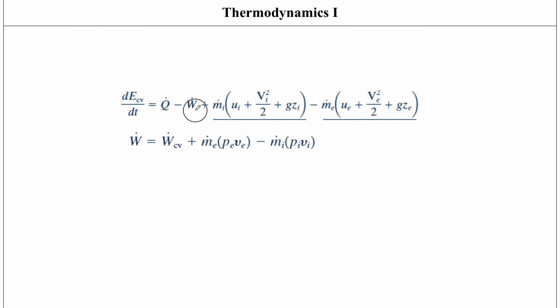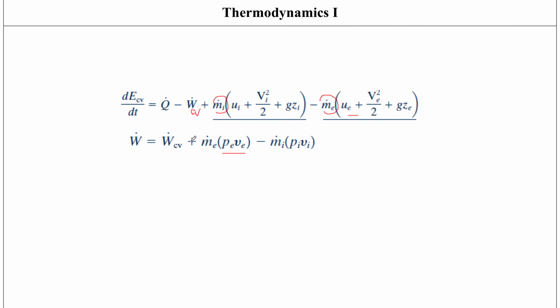This is going to be replaced by work done across the control volume, and because this is something I can take a common factor off with this, I can put this in straight here, and I can do the same thing over here as well.